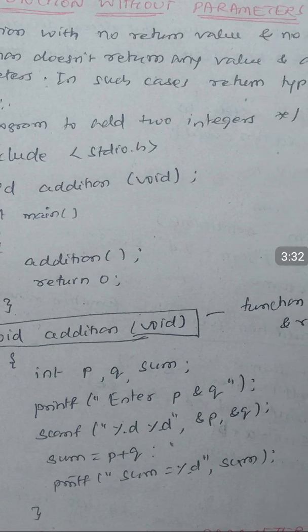Here we ask the user to enter the p and q values. They are of integer type, and these p and q are added, and the result is stored in the variable sum, and the sum is printed here. So this function, when defined, takes the p and q values and does the addition operation, but it will not return any data type.